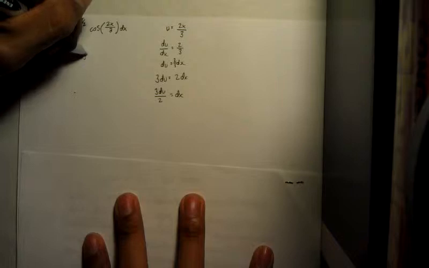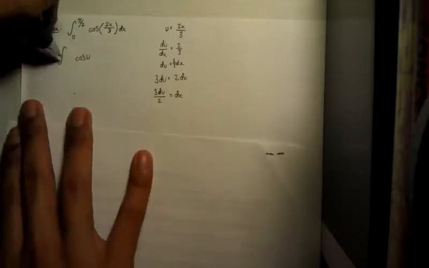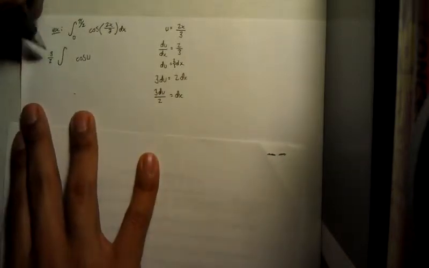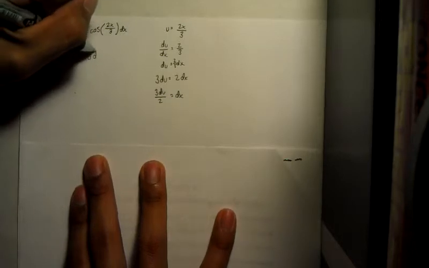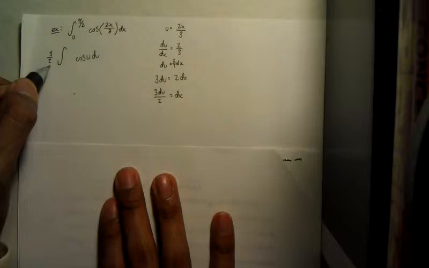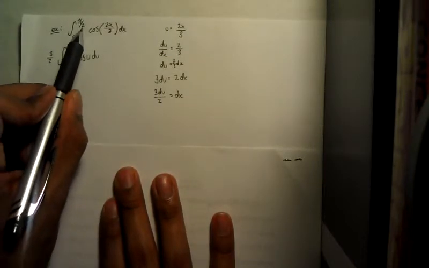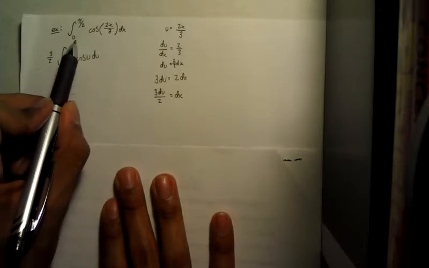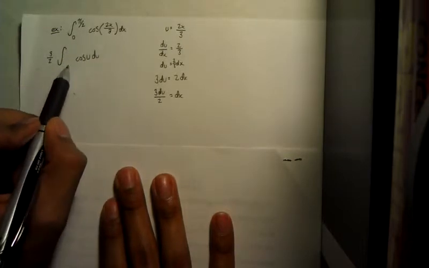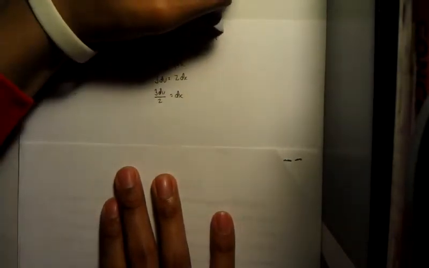So cosine of u, and I'm actually going to split this up to 3/2 times du, because remember that you can bring these constants out into the front of your entire integral. And now instead of using 0 to pi over 2, we're going to have to rewrite these limits in terms of u.